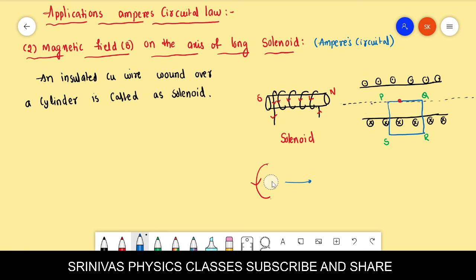You have to use the right hand thumb rule in such a way that the curled fingers indicate the current and the thumb indicates the magnetic field. Follow that. Just draw like this. You see these curled fingers.